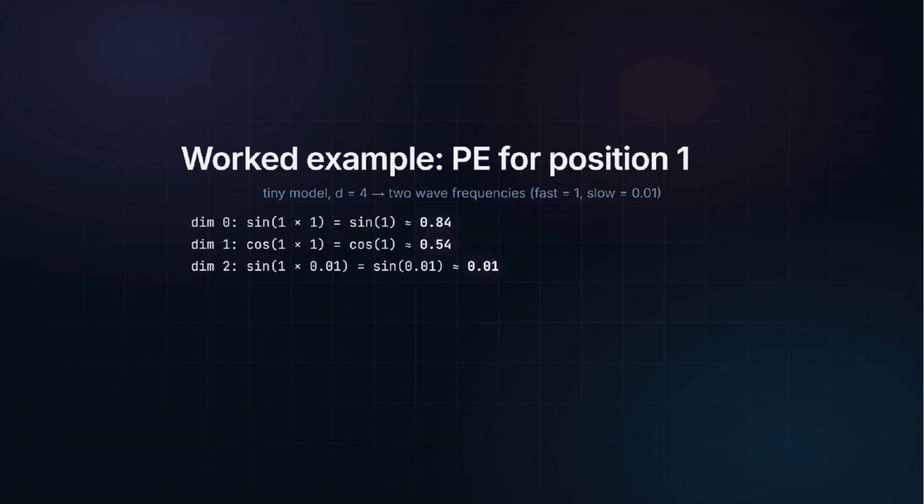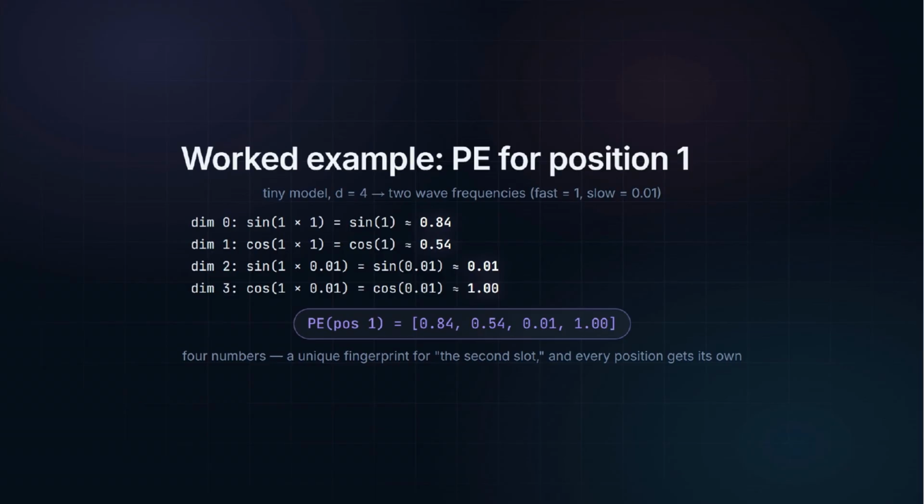Dimension 2, the slow sine, sine of 1 times 1/100, sine of 0.01 is about 0.01. Barely moved because this wave is slow. Dimension 3, the slow cosine, cosine of 0.01 is essentially 1. So the position 1 stamp is 0.84, 0.54, 0.01, 1. Four numbers, a unique fingerprint for the second slot, and every position gets its own.